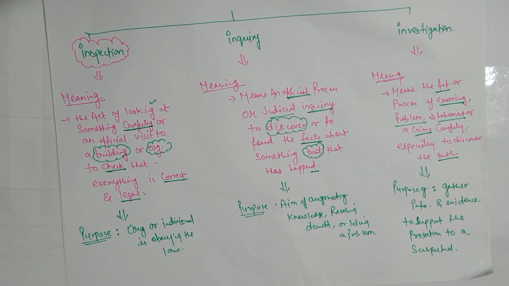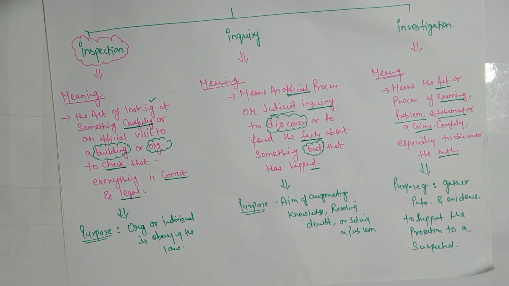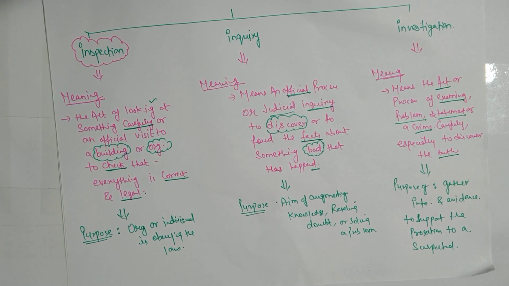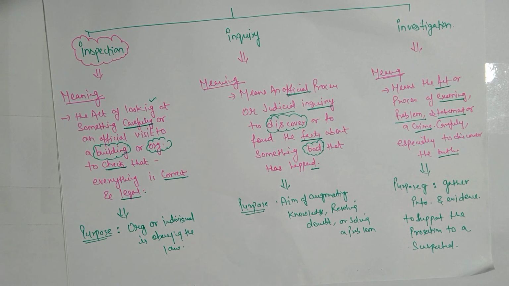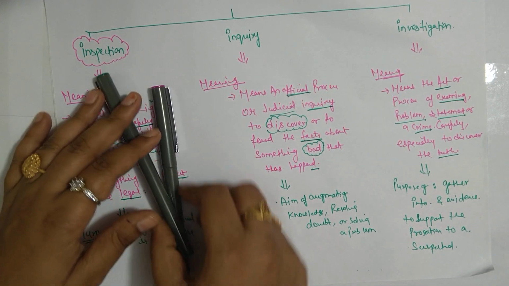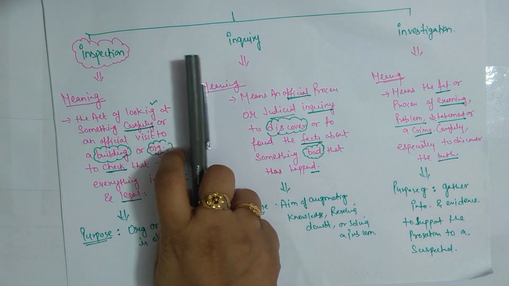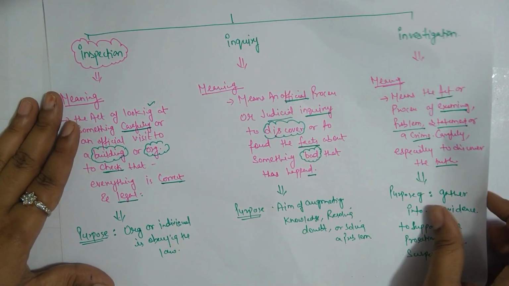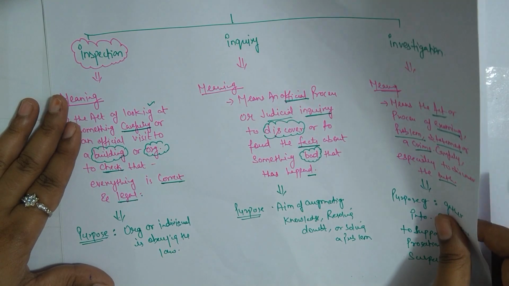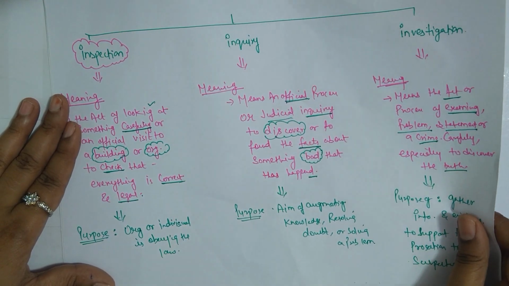In this chapter, there are a few authorities who have been given power to do inspection, inquiry and investigation. So before moving forward to the sections, I just want to give you a brief idea of who is the authority and who has power to inspect or investigate under the Companies Act 2013, sections 206 to 229. So, see.